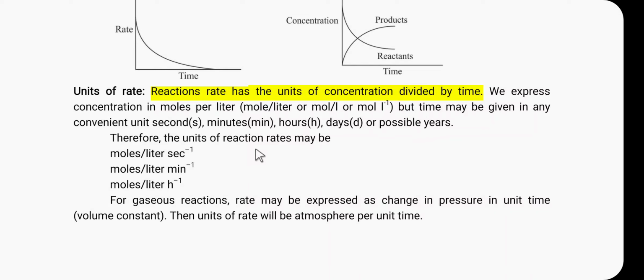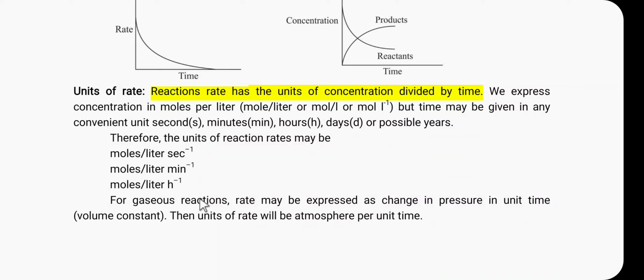Therefore, the unit of the reaction rate may be moles per liter per second when the time is given in seconds. When the time is in minutes, then it is moles per liter per minute. When the time is in hours, then the unit is moles per liter per hour.